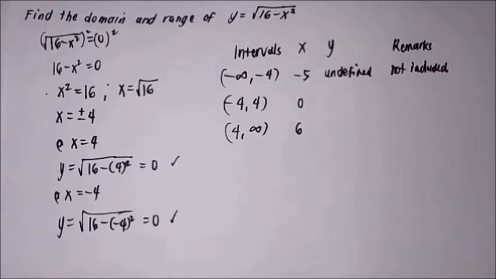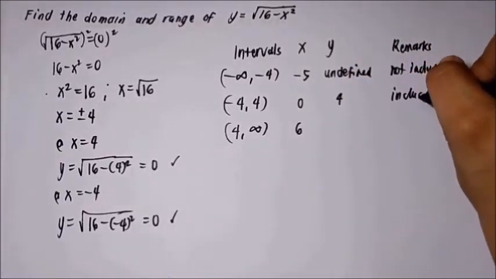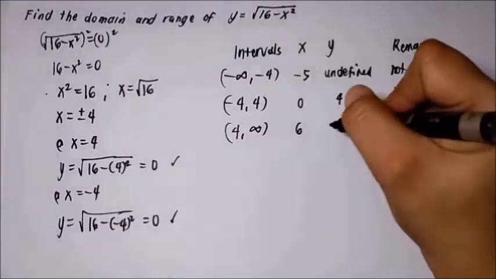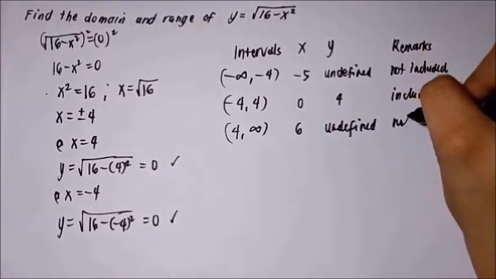How about if x is 0? We have 4. 4 is a real number, so this is included. Next, if the number is 6, again this is undefined, so not included.